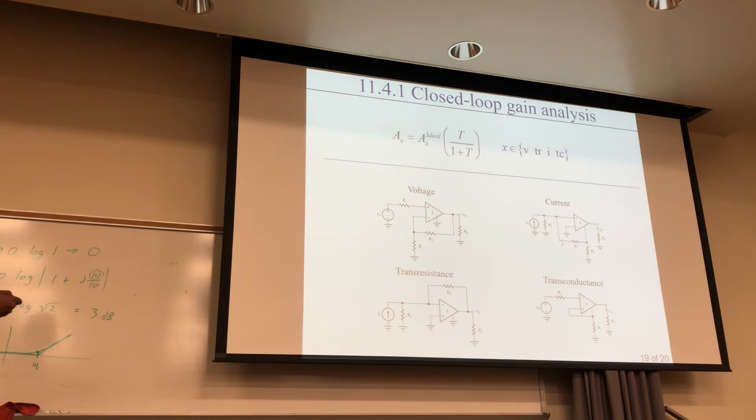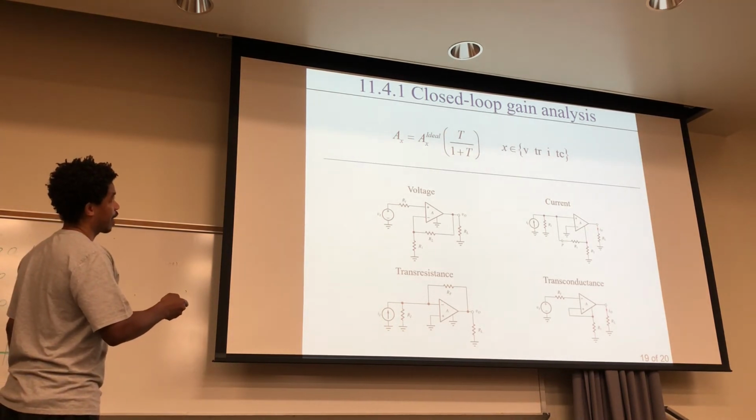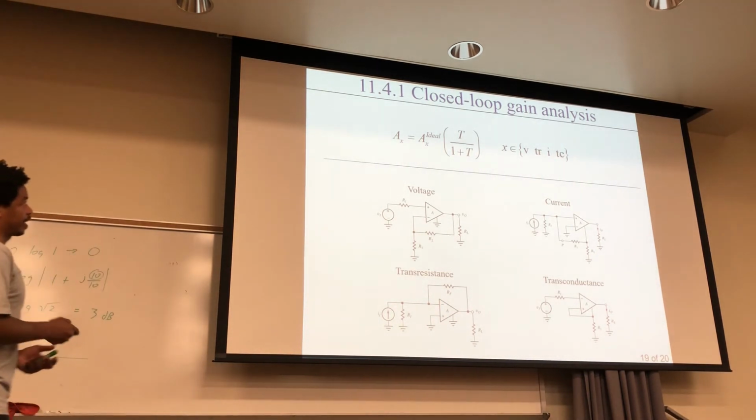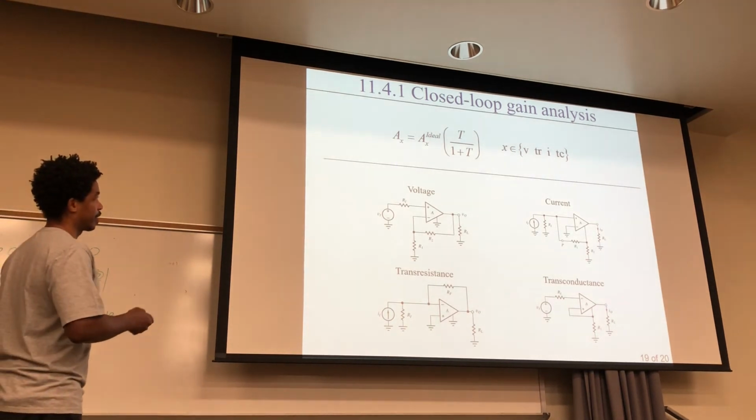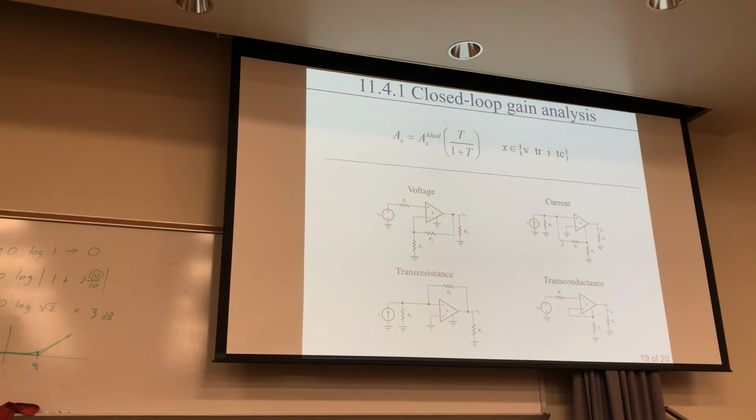This X right here corresponds to our various types of amplifiers: the voltage, transresistance, current, and transconductance type that we just talked about. And here's them all together right there. So for all of these, you can apply this to any one of those, and that's how you determine the open loop gain.